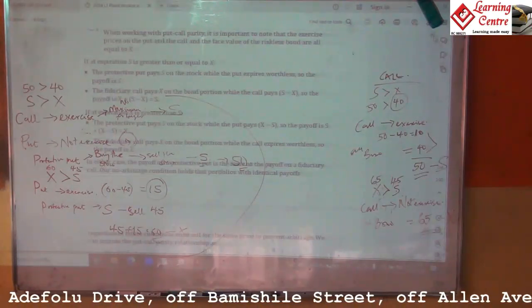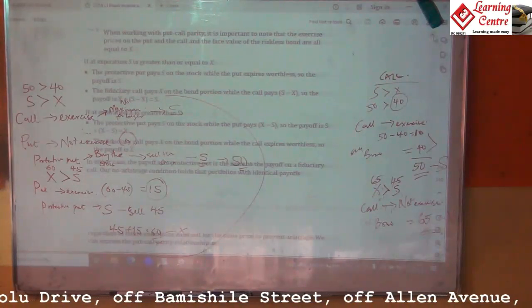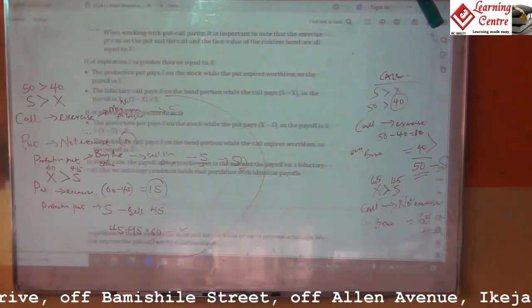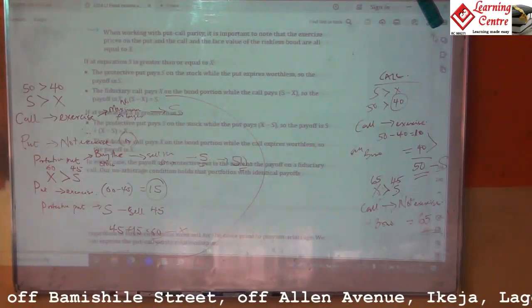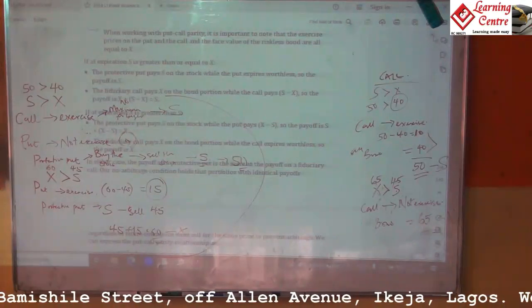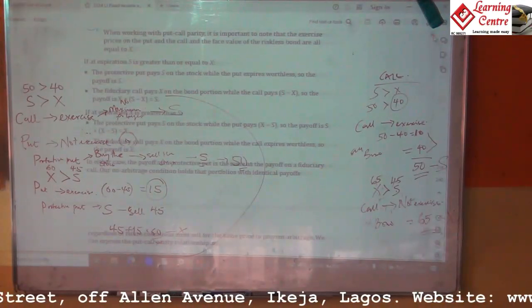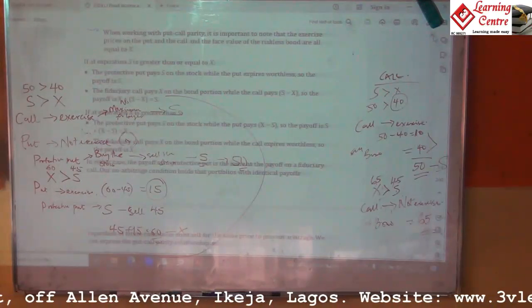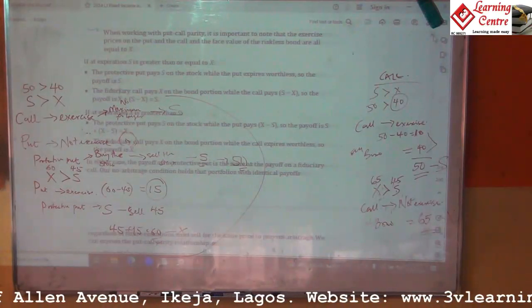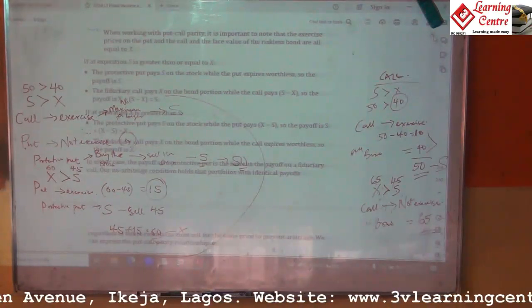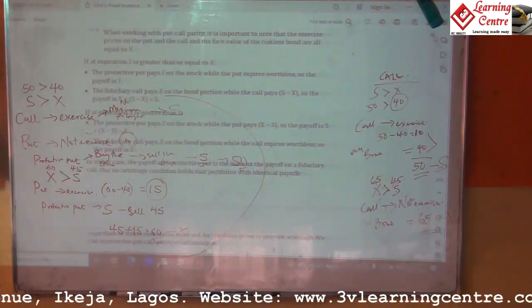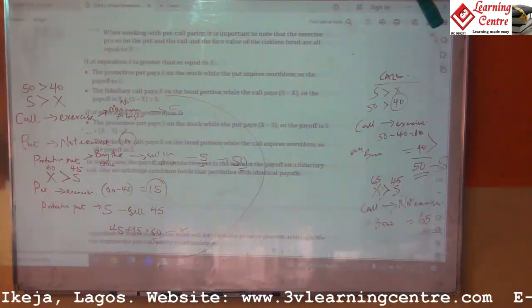Therefore you will exercise. It is in the money, therefore you will exercise. Okay? The payoff is therefore equal to S, the underlying price.